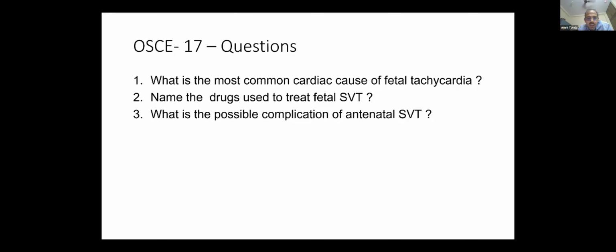Yes, physiological tachycardia may be there, but 240 will not happen by fever. PSVT, SVT, flecainide, digoxin, fetal death can happen.